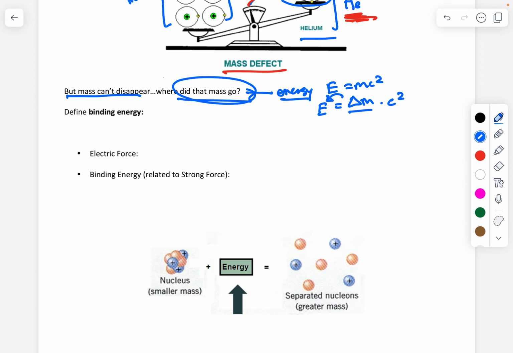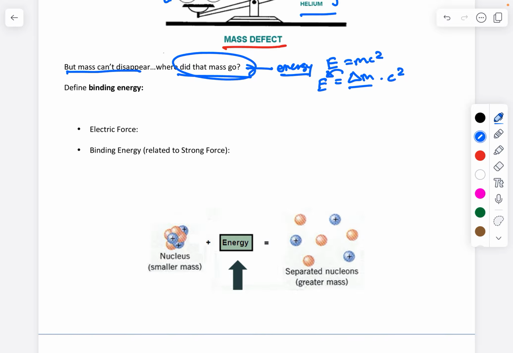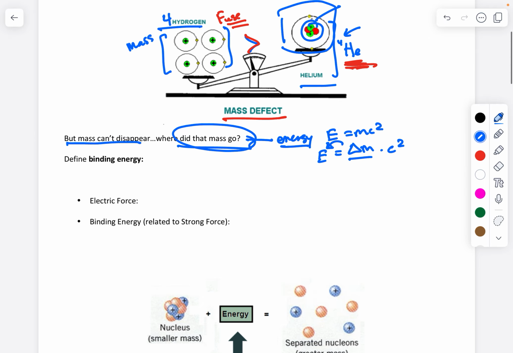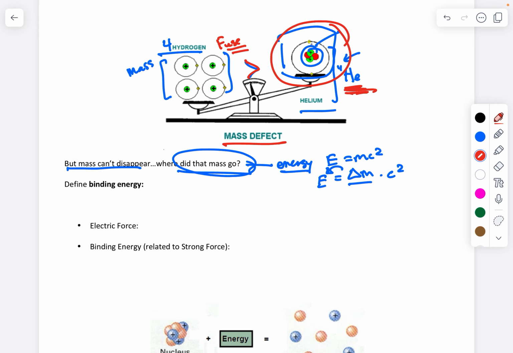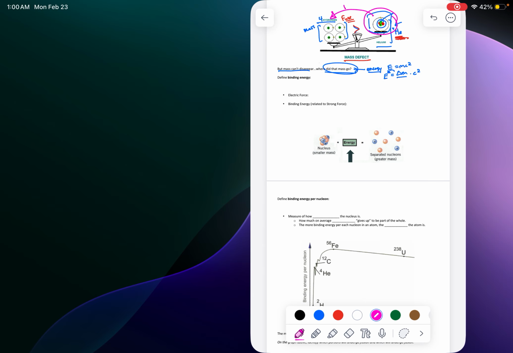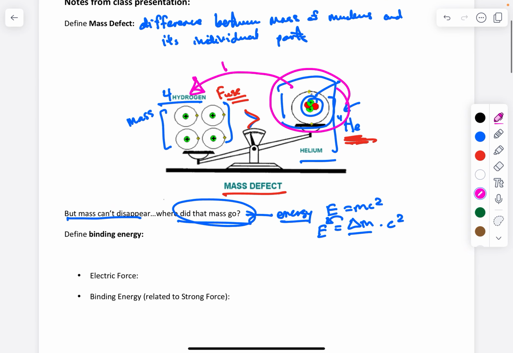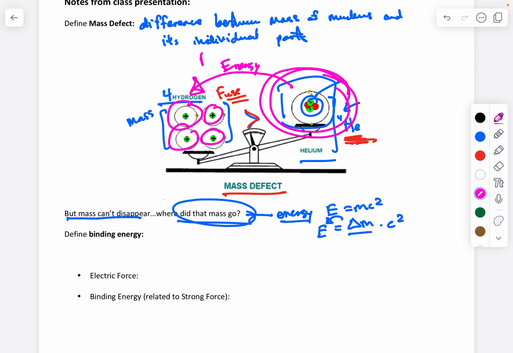Okay, so it's essentially this idea that if you want to go the opposite way, let's say you want to go from here, and you want to separate them into here, the amount of energy that is required to go from full like this to individual parts like this is called the binding energy.